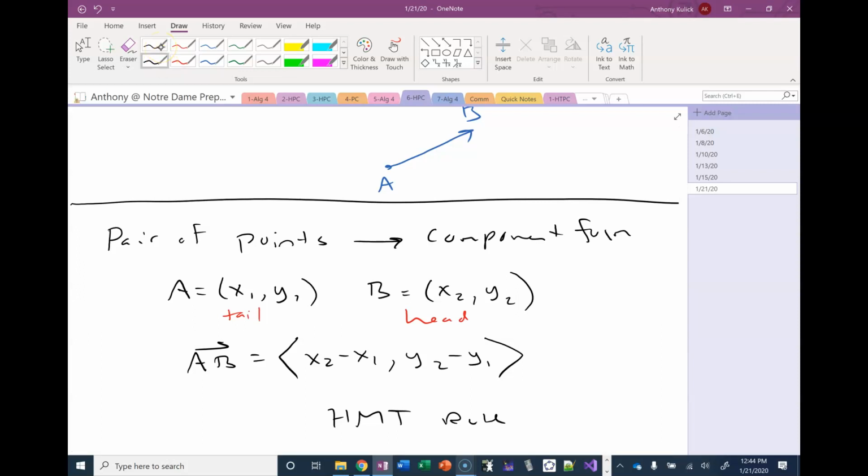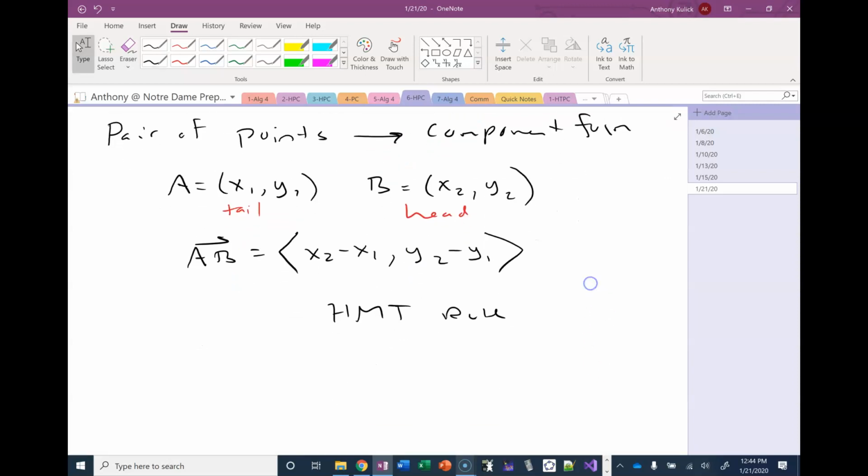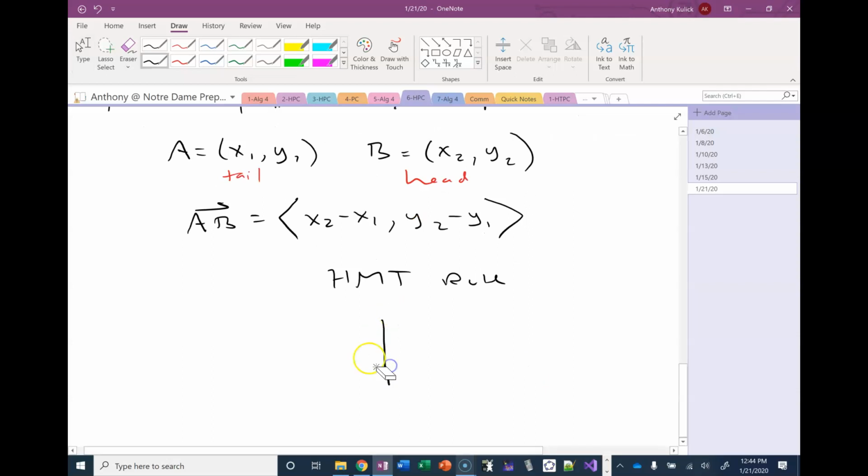Let's look geometrically at what this is doing and why this works. Because without an explanation, this is just a formula, and that makes it hard to remember, right? If we understand what's going on and the formula makes sense, much easier to remember. Okay. So here's my xy axis.